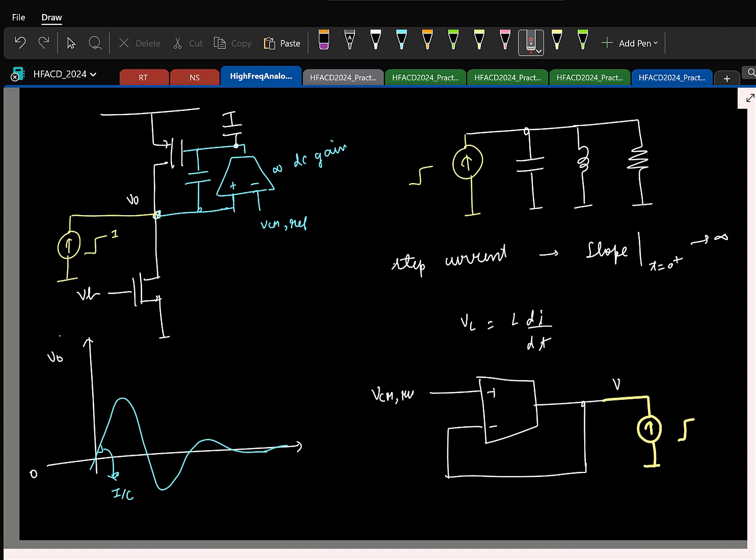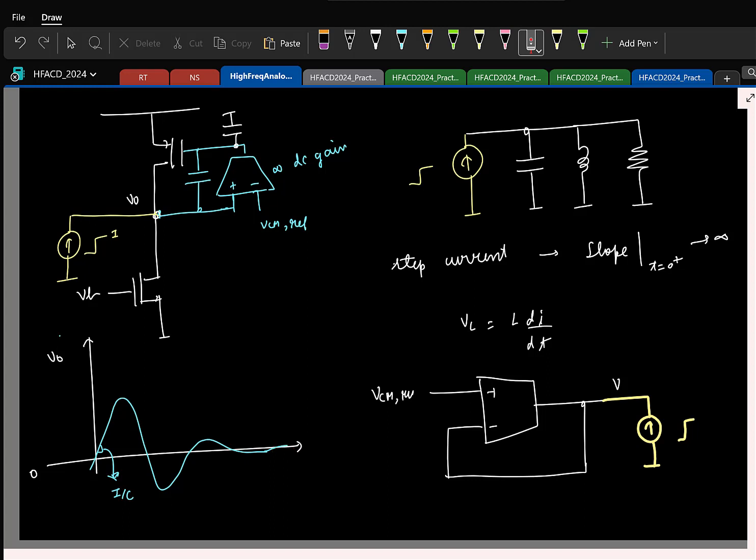And that is happening because, if the negative feedback loop is infinitely fast, can you say how this output voltage will look? There will be no change. Because the negative feedback loop is infinitely fast, even though I am applying a step current, it makes sure that the steady state is reached instantly.